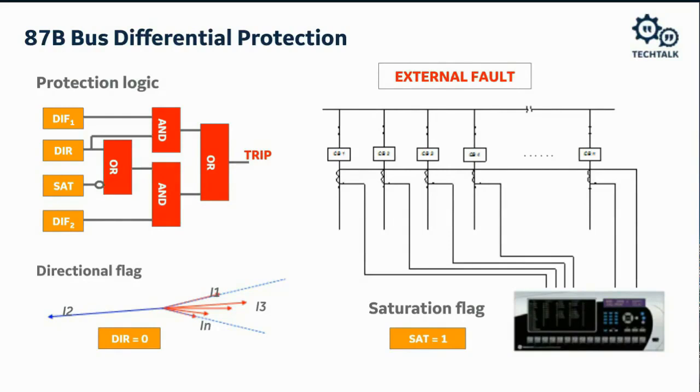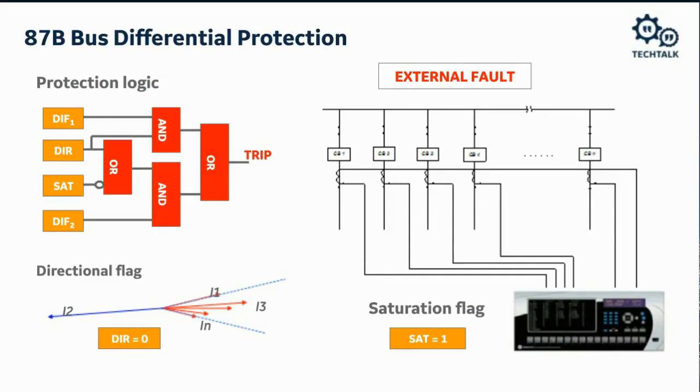If I have an operation in region 2, if I have high external current, for example, a close-in external fault, I have high fault currents, then I might or might not set my CT saturation flag. If I don't set the CT saturation flag, then I'm allowed to trip.